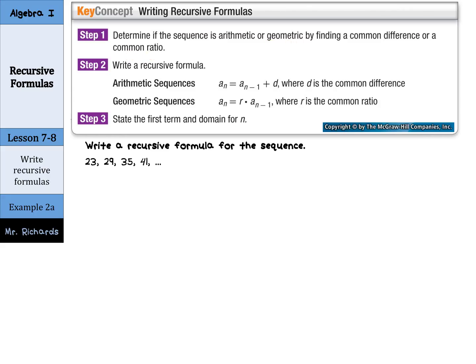Well, let's look at 23, 29, 35, 41. From 23 to 29, I'm adding 6. Does this continue? From 29 to 35, I'm adding 6, and from 35 to 41, I'm adding 6 as well. So this is an example of an arithmetic sequence.